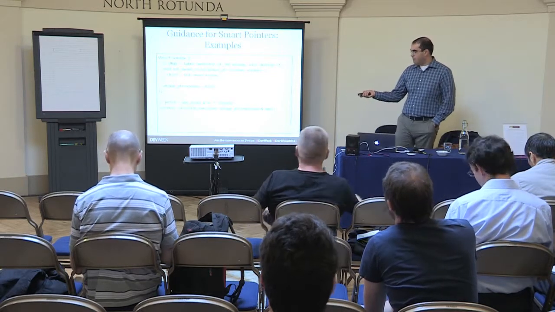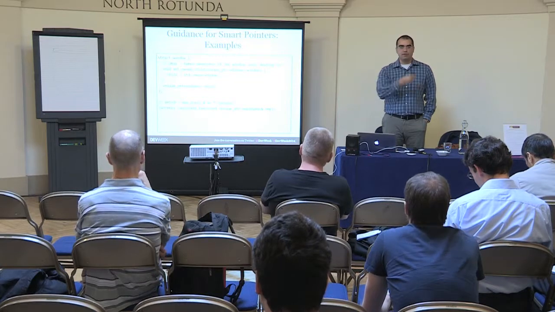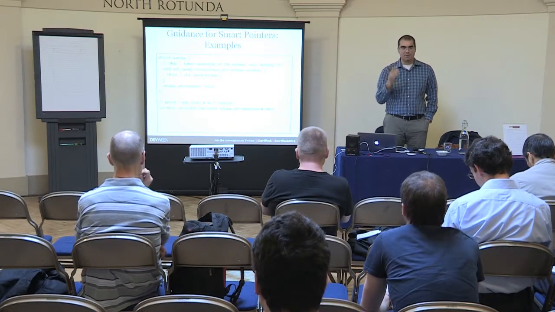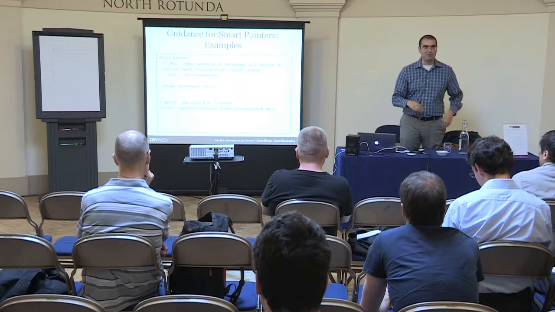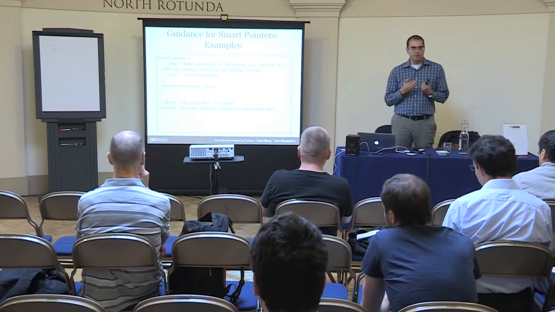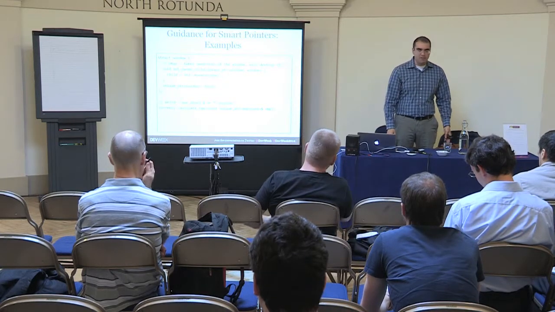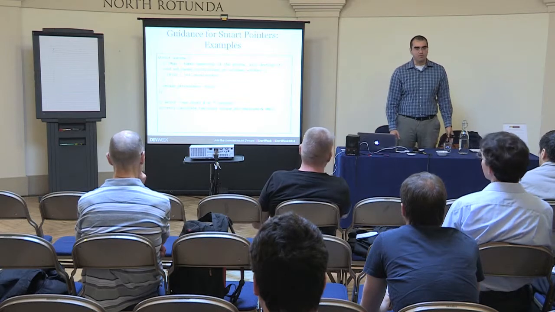Suppose we have a function calculate tax, which takes in an employee and returns the amount of tax they have to pay this year. This function really has no reason for taking in a unique pointer, a shared pointer, any sort of smart pointer whatsoever.